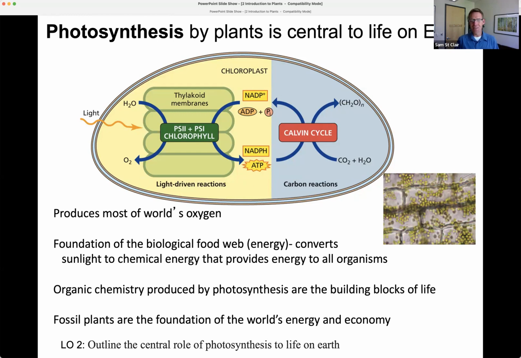As photosynthesis happens and sugars are produced, that sugar and the energy inside of it enters the food web to provide energy to all organisms on Earth. These sugars are also used as building blocks for producing cells, tissues, and organs for all organisms. So the products of photosynthesis are both the building blocks of life and the energy source of life.